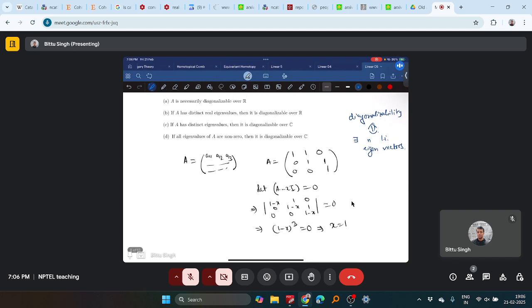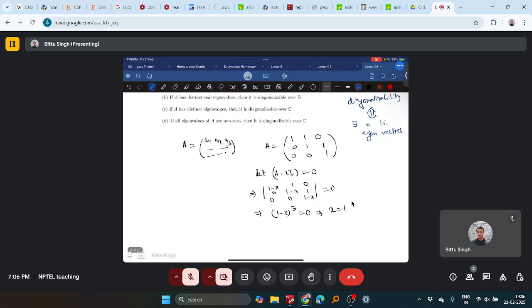So you can see in this question, A is an n by n matrix, in this case a 3 by 3 matrix. We need at least 3 linearly independent eigenvectors. So let P be an eigenvector.